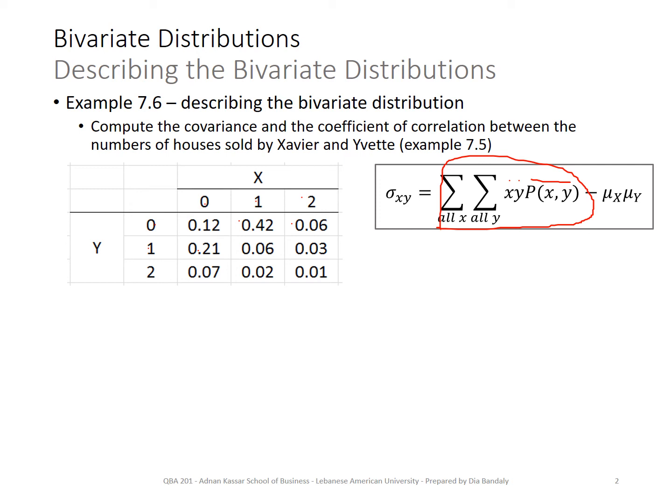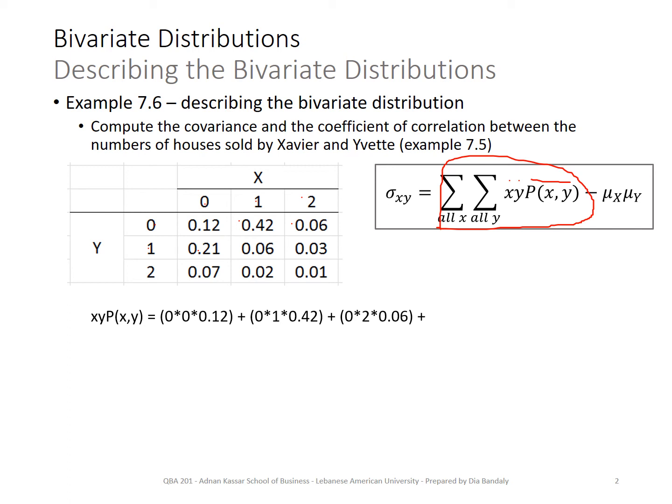Okay, so let me show you how I'm doing that. I will show you one row at a time so that it will be easy for you to understand what we are doing. Here we go. I'm starting by multiplying the value of y by the three values of x. So here we have three combinations corresponding to y is 0.